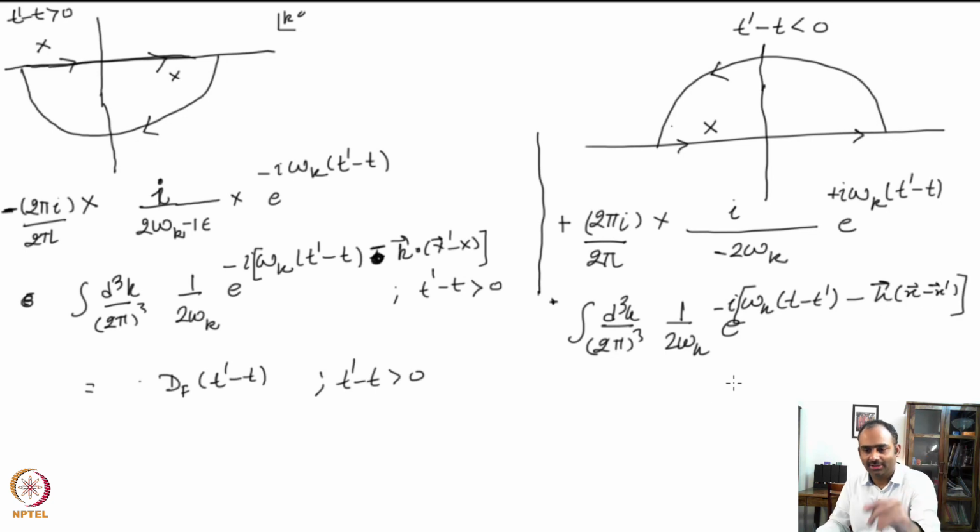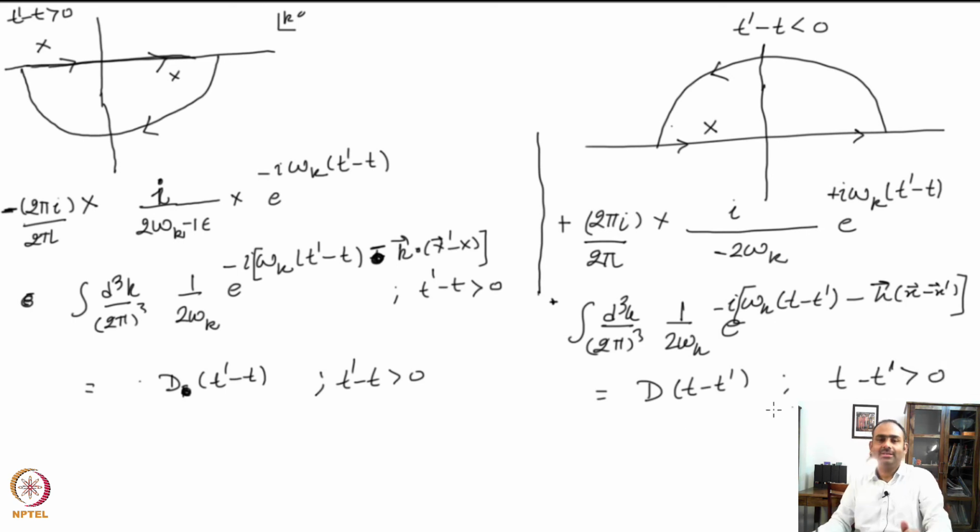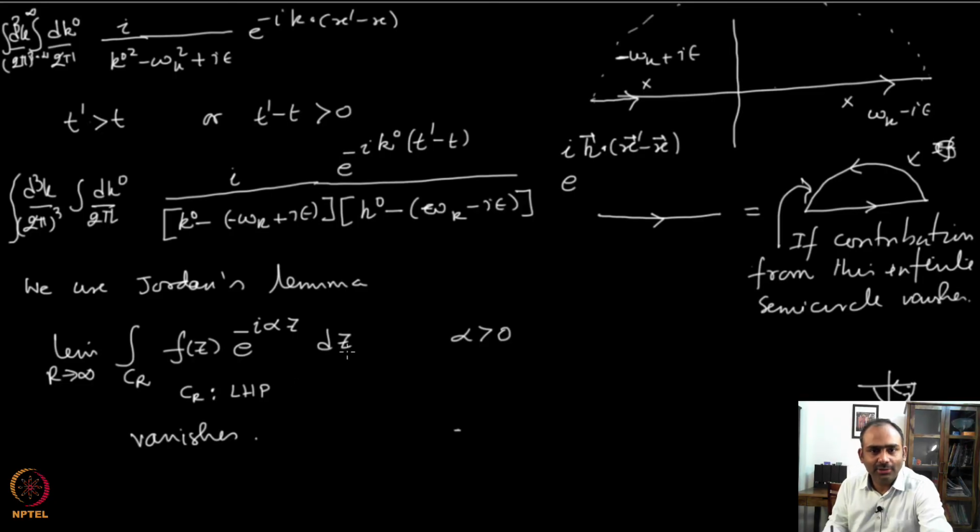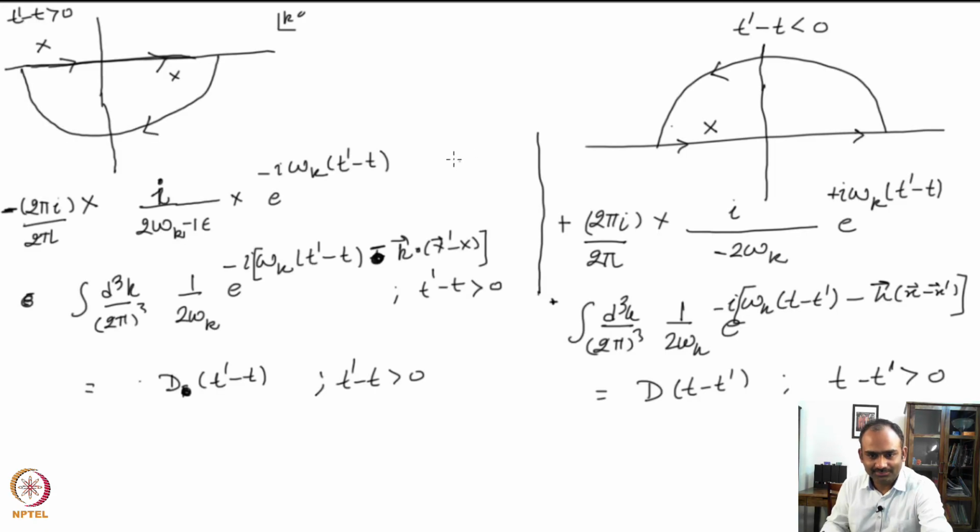So, I have brought that piece also here, and you remember that this is D, not D_F, this is D of t minus t prime, and t is greater than t prime. Which means that the integral I am looking at, this integral which I was interested in calculating, is the following.